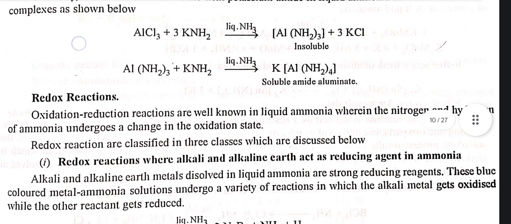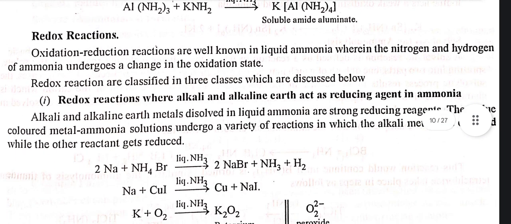Redox reactions. Oxidation-reduction reactions are well known in liquid ammonia, wherein the nitrogen and hydrogen of ammonia undergo a change in oxidation state. Redox reactions are classified in three classes, which are discussed below.